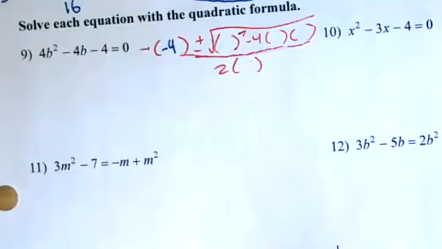If you have an x cubed in your equation, it's not a quadratic anymore, so the quadratic formula does not work. Mathematicians spent a long time trying to find a cubic formula. There is a generalized cubic formula, but it's really, really complicated.